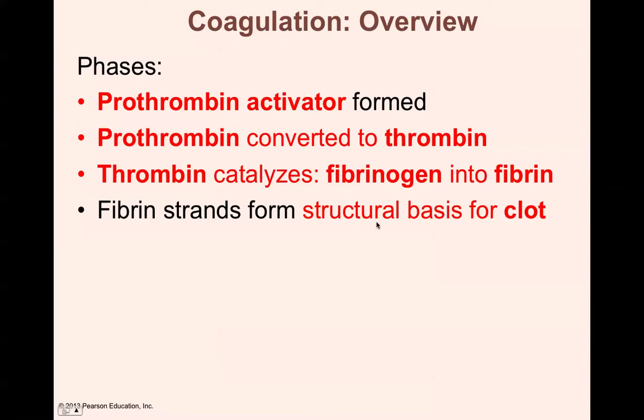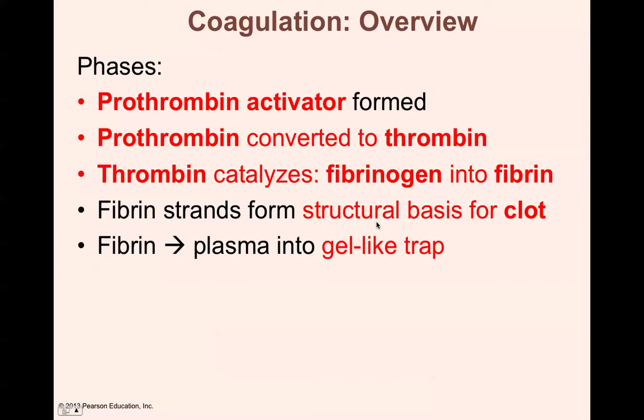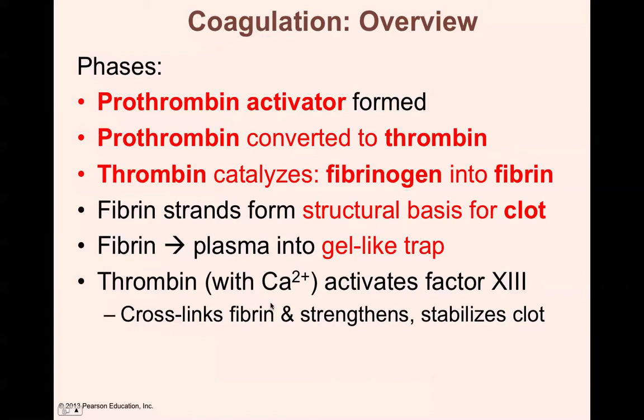Fibrin strands form the structural basis for the clot. And fibrin will now turn that plasma into a gel-like trap. The thrombin will also activate factor 13. Factor 13 will cause cross-linking with the fibrin to strengthen and stabilize the clot.